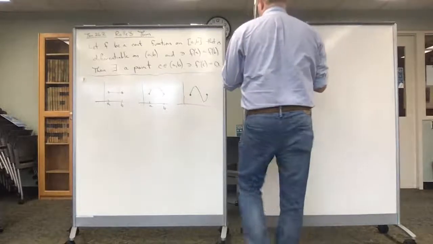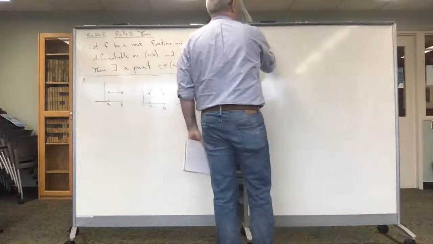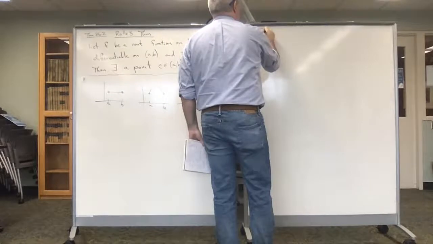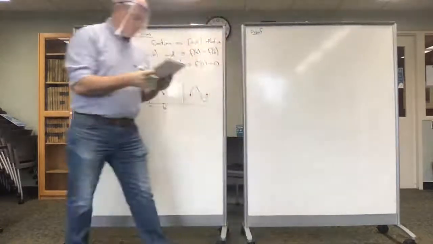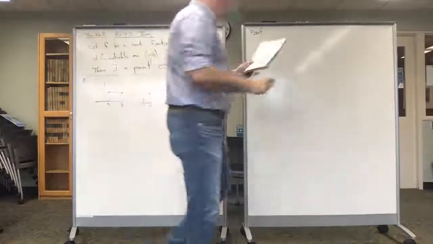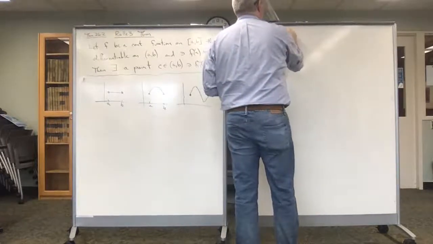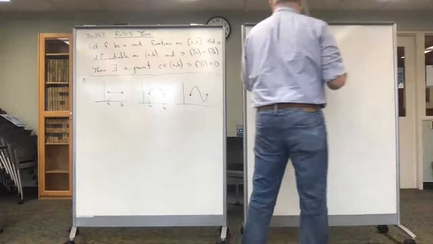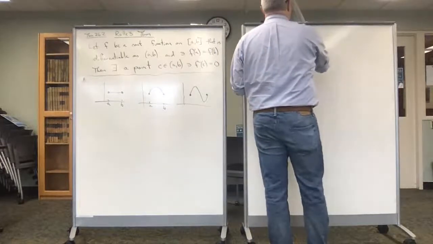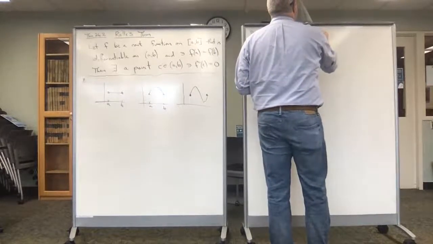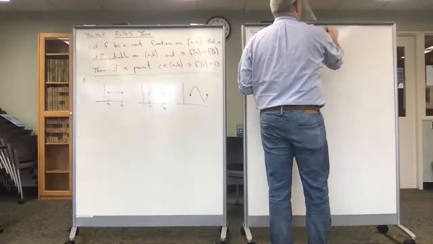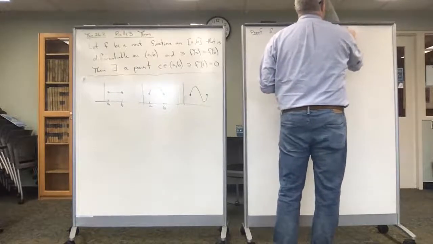All right, so proof. So f is continuous and the closed interval from A to B is compact.